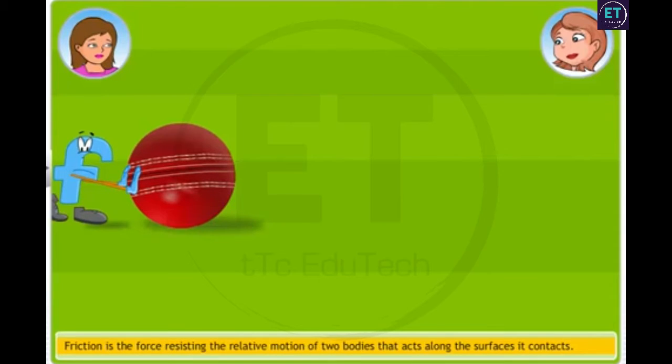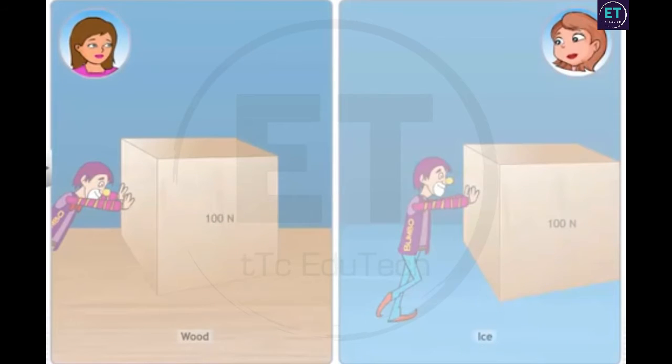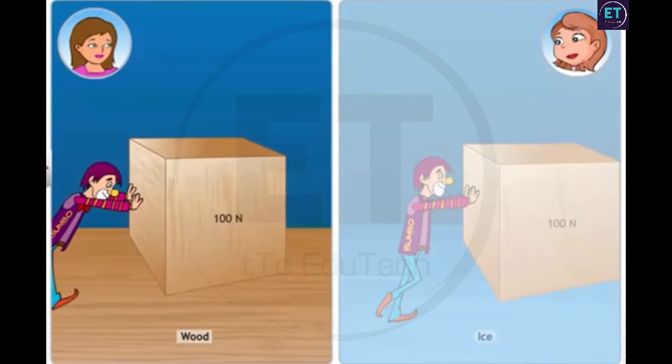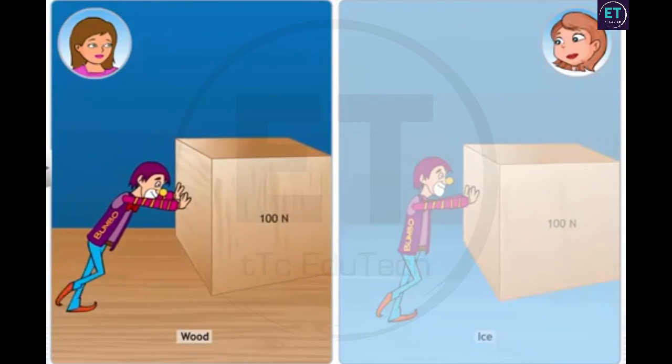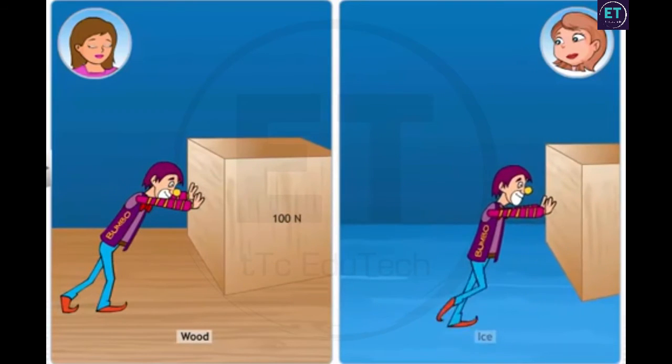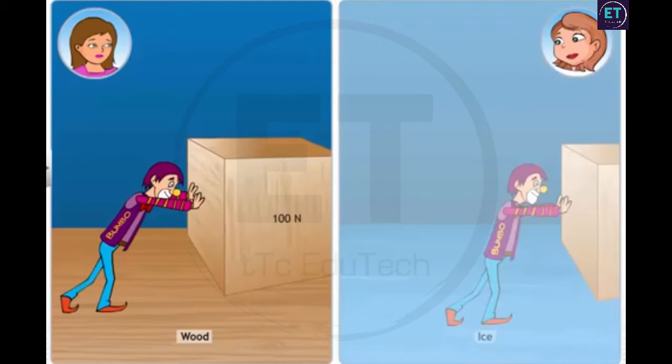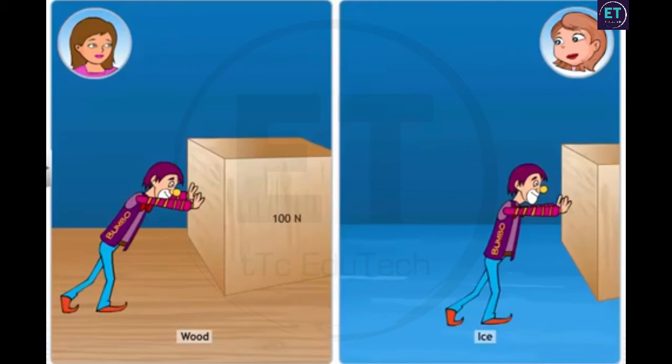Is friction the same on all surfaces? That's a good question. Look at this. It needed a lot of force to push the block in the first case. And yet, in both the cases, it is the same block. So was it the type of surface that made the difference?